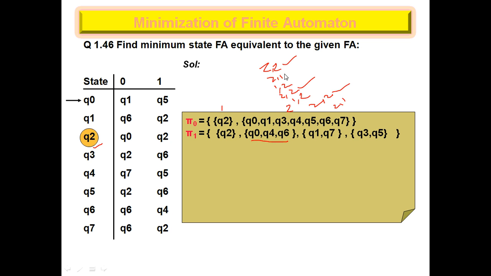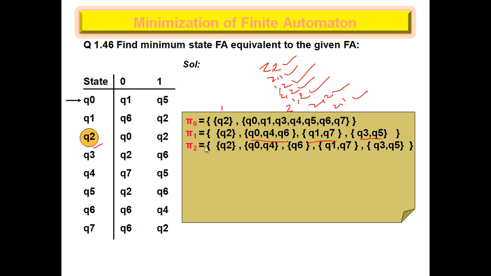The 2, 1 ones are Q1 and Q7, the last one, so they are in equivalent classes. The remaining are 1, 2 and 1, 2, that is Q3 and Q5. In this way we construct pi 2 again, until pi n plus 1 remains the same. We will stop our construction there.